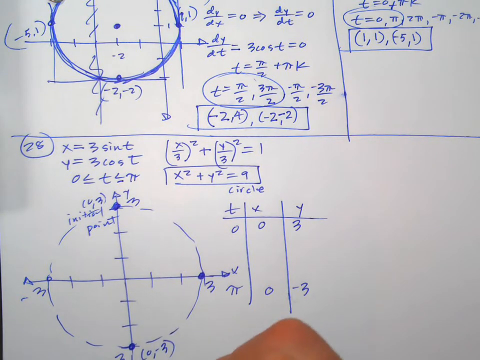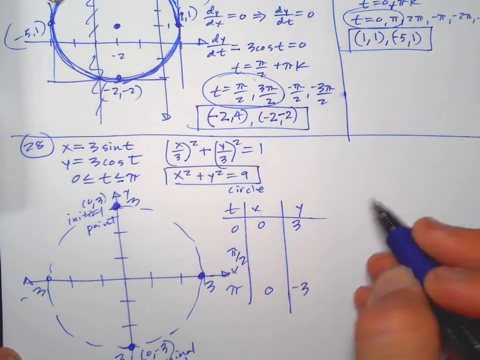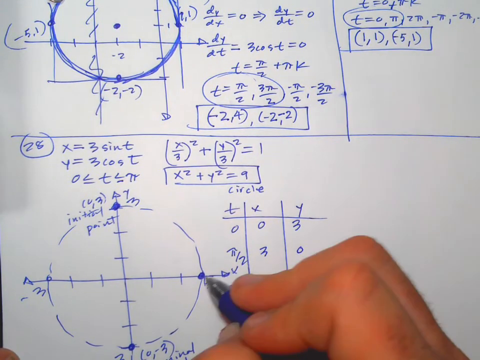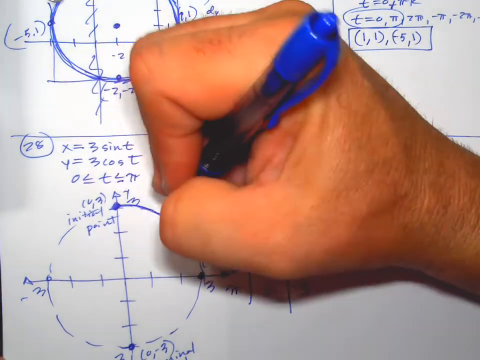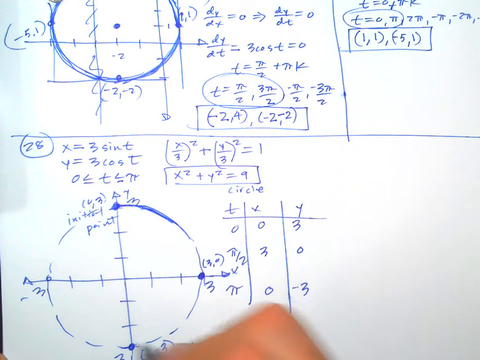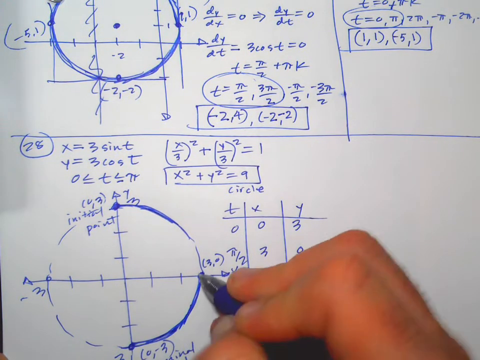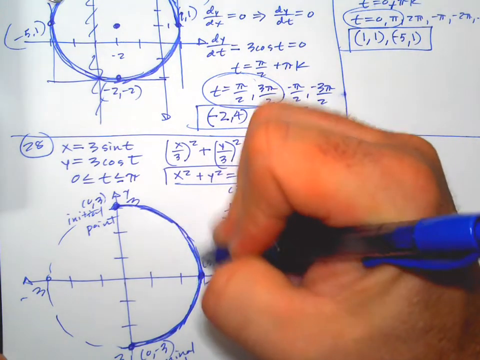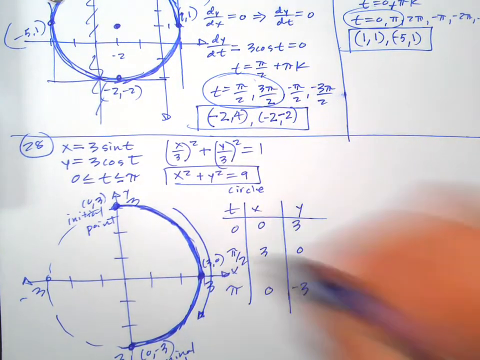That's the terminal point. And so I think we're only getting half the circle, but which half and which direction? Let's plug pi over 2 in. That's going to be 3, comma 0. So it's the right half of the circle. And the direction is going from initial to terminal point, and we're trying to find the length of that.